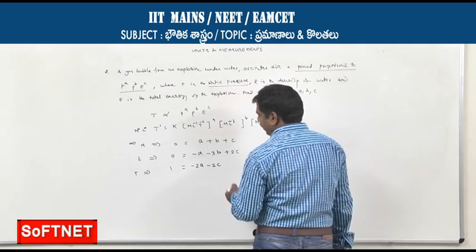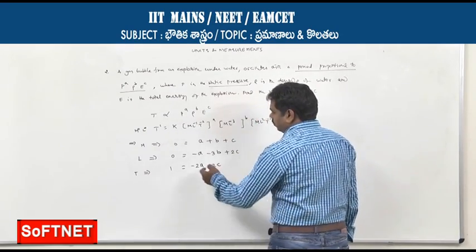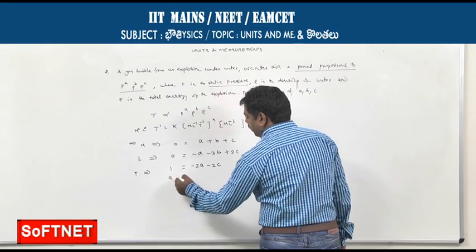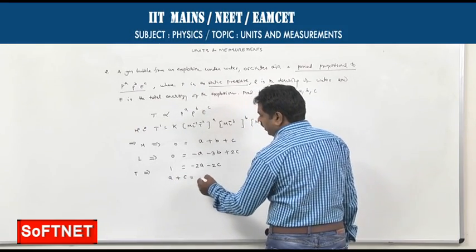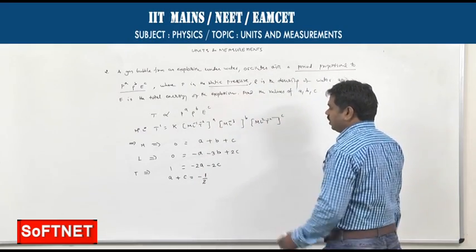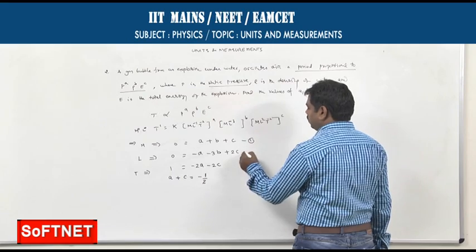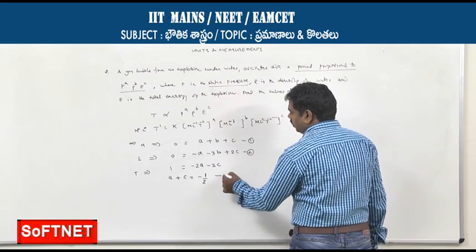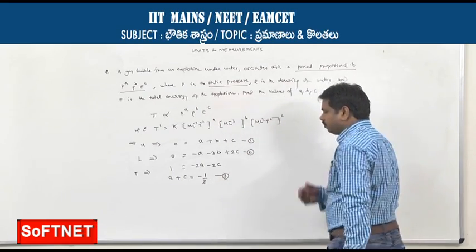And from this you can get a plus c is equal to minus 1 by 2. Say this is equation 1, this is equation 2 and this is equation 3.